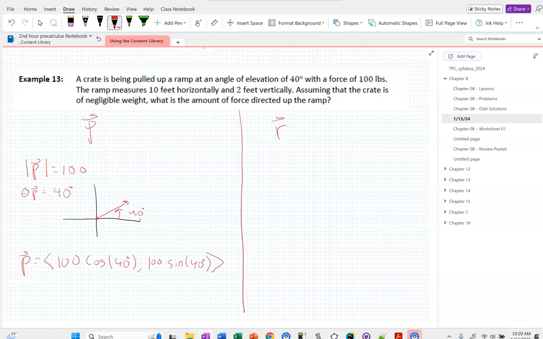So what do we know about the ramp? We just know the dimensions, right? It tells us that we go 10 feet this way and 2 feet that way, on the ramp. Guess what that tells me? That's my component form.